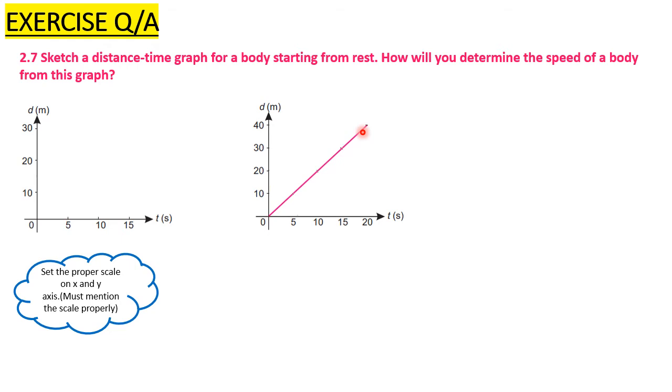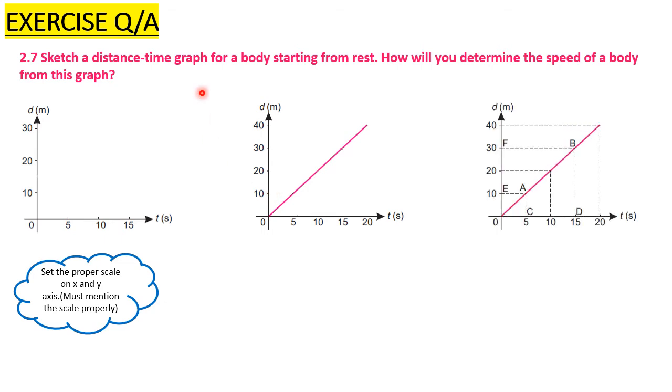Now we have to find out the speed from this graph. The body is covering equal distance in equal intervals of time. So by using the concept of slope, we can find out the speed from this graph. Here we have marked the points A and B. Between these points, we will find out the speed.